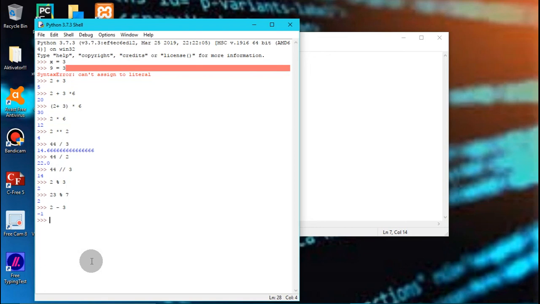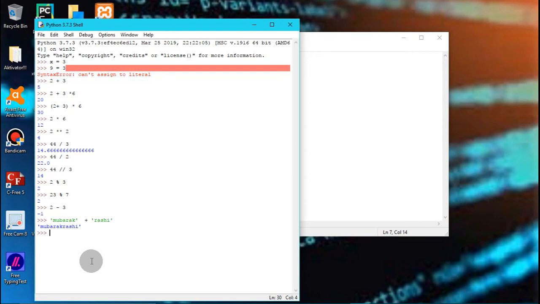Now the string processing. In strings we have just 2 operations, which are concatenation and replication. Replication is like repetition. So if I have my string Mubarak and I want to concatenate it with Rashi, you see we got Mubarak Rashi in the form of a string.